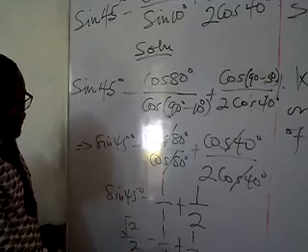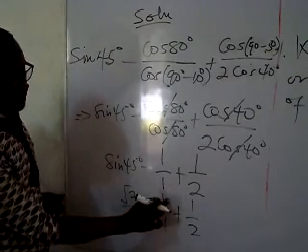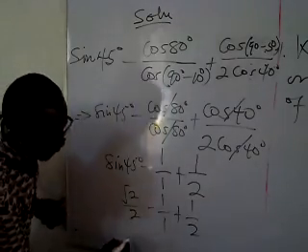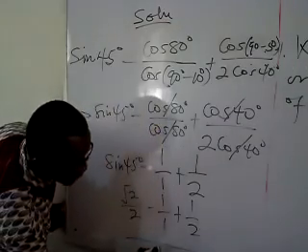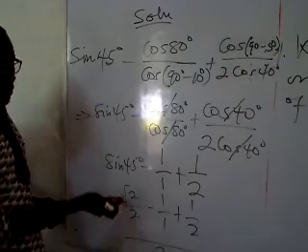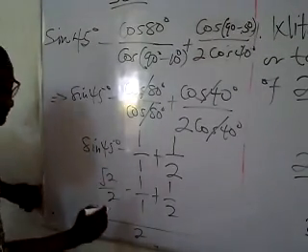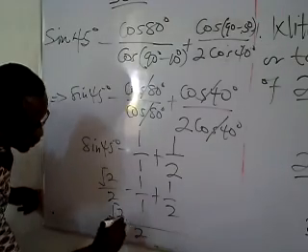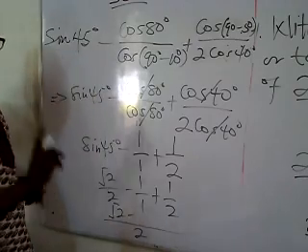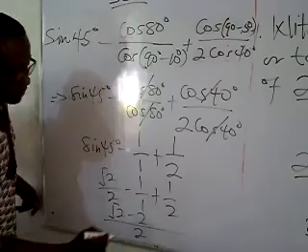1 plus 1. But there's minus here. So minus 1 plus 1 can be 0. But you can choose to find the LCM. So I will find the LCM, which is 2. 2 goes into 2, which is 1. 1 multiplied by the coefficient of the root, which is 1. So it becomes root 2 minus 1, who goes into 2 is 2 times. 2 times 1 is 2.